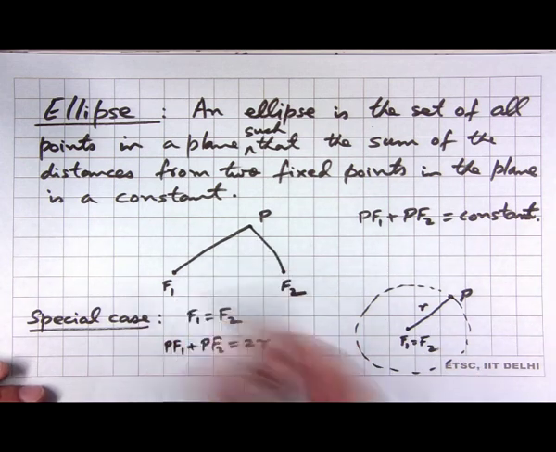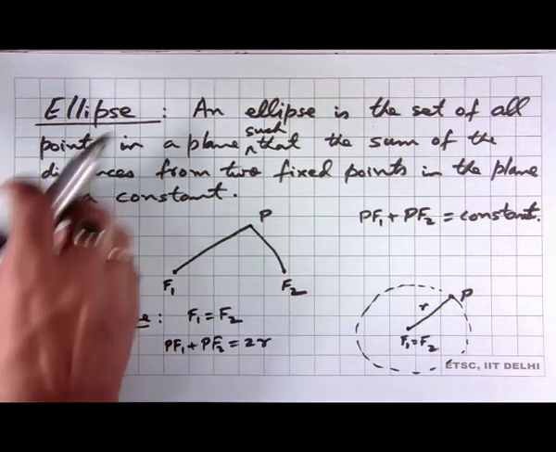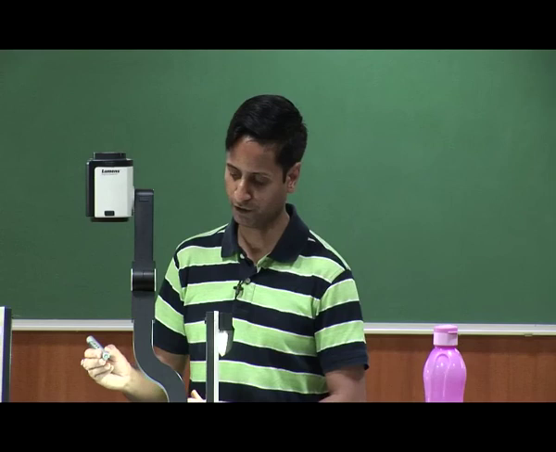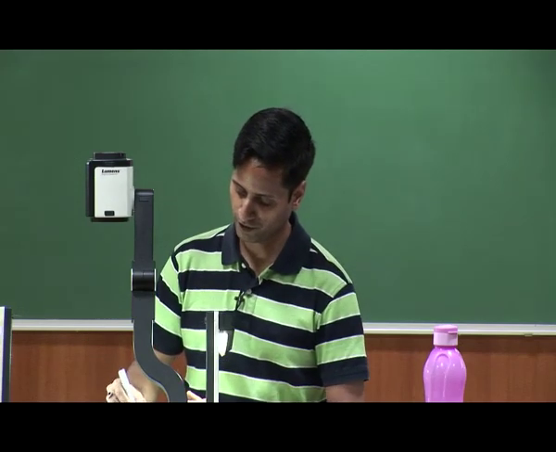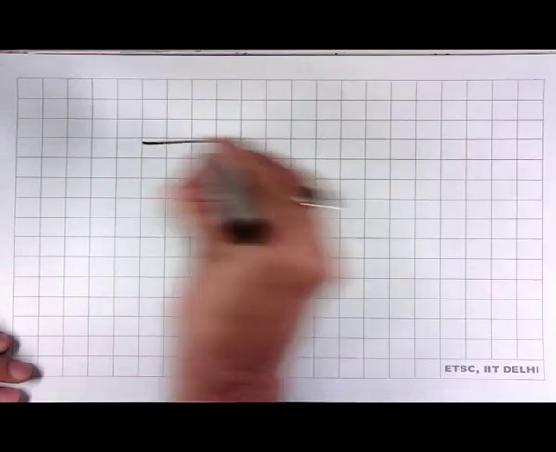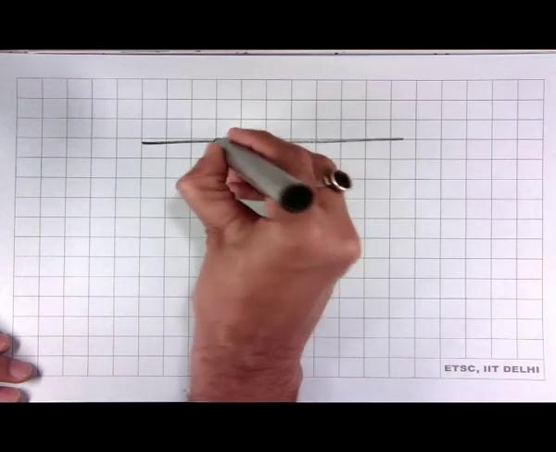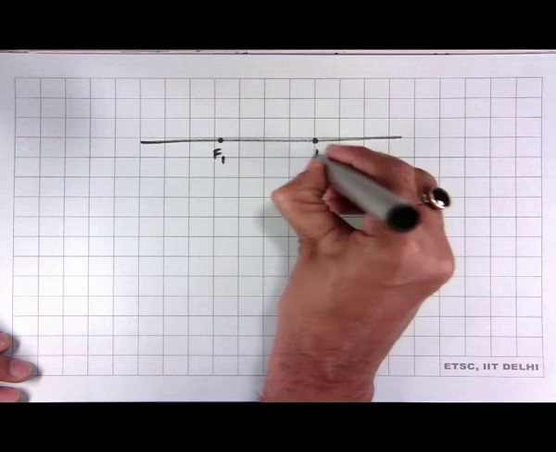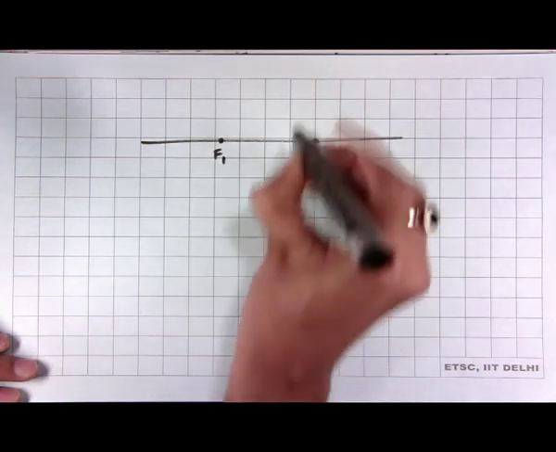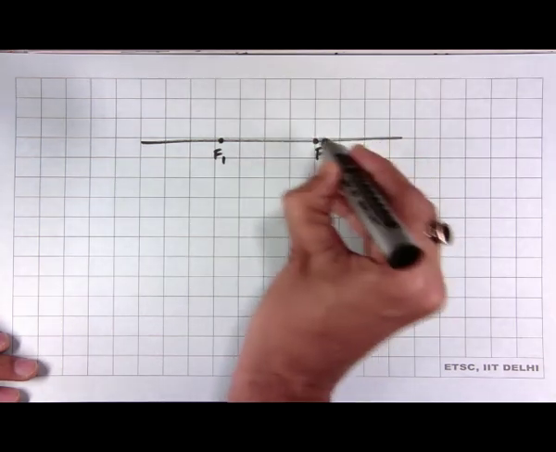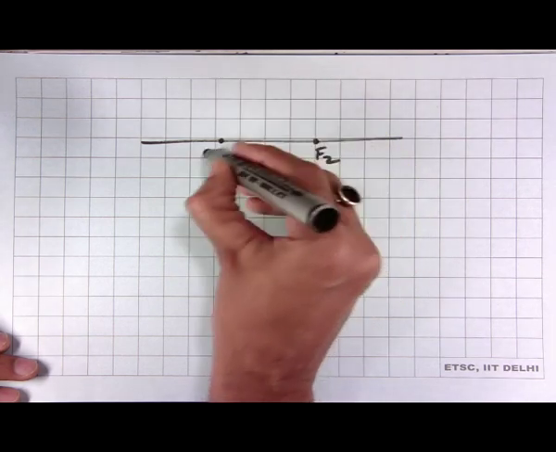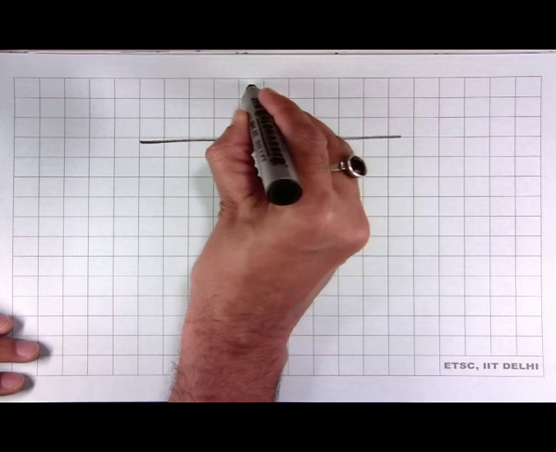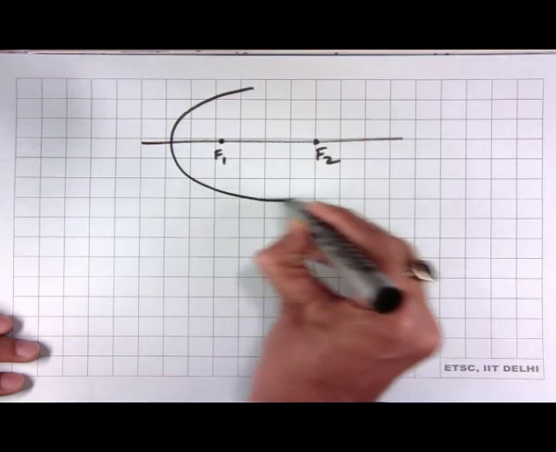What do we get if these 2 points are not the same? The circle is a special case of the ellipse. If I have these points f 1 and f 2, and we look at all the points such that the sum of the distances from f 1 and f 2 is constant, we get a curve like this.